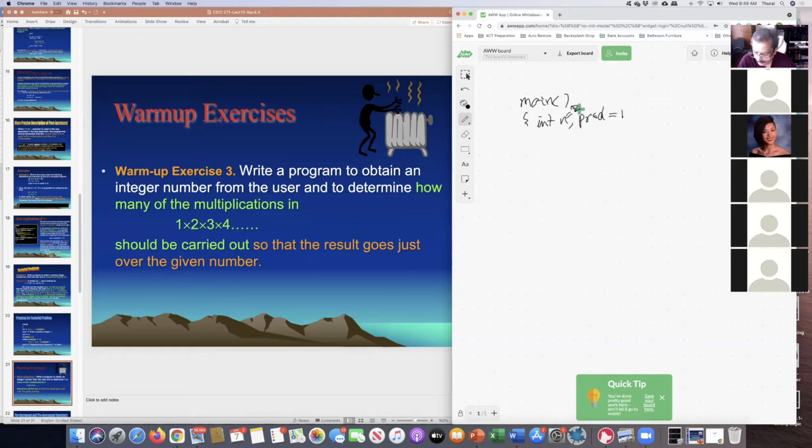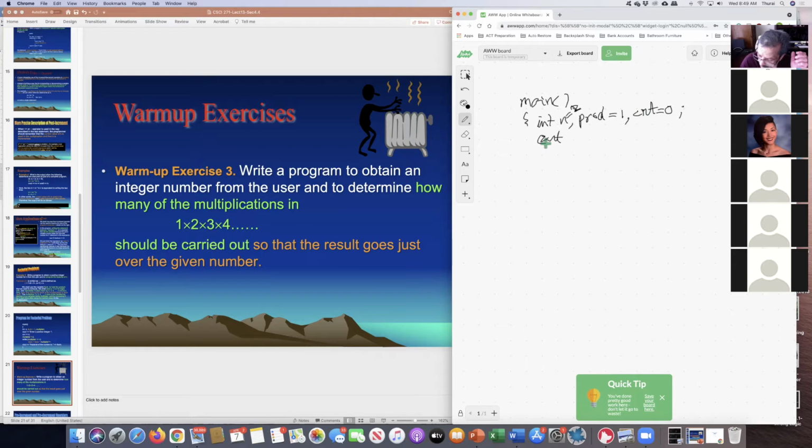But if you start at 1, that's not wrong. Just make sure you don't count that multiplication. And then I need a counter to keep track of the count of how many multiplications are going. So right now the count is 0 because I haven't done any multiplication. So the loop needs to say, I need to get the number from user.